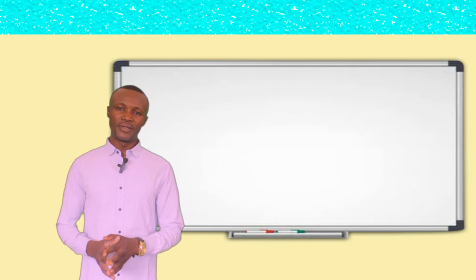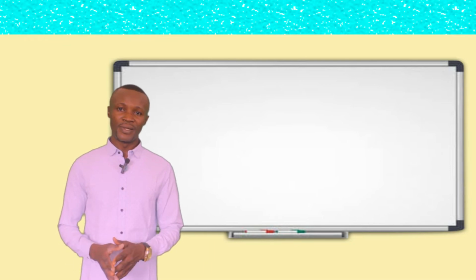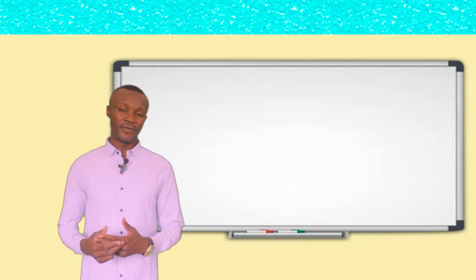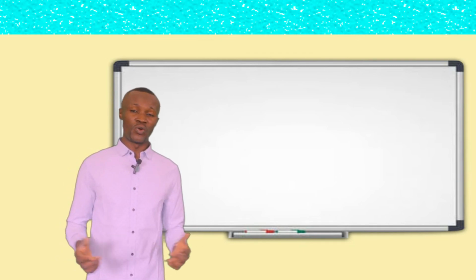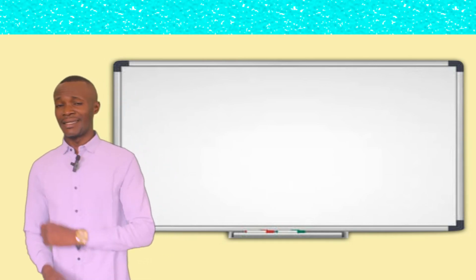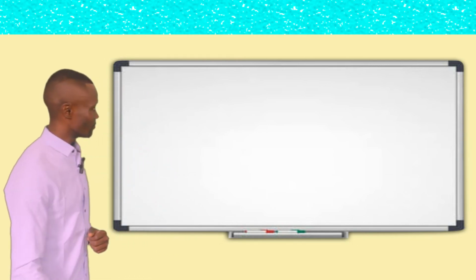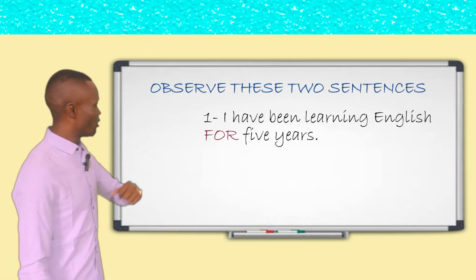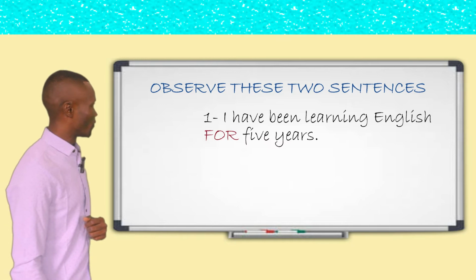Today, I am going to give an answer to one question that most of my students have been discussing in our different groups. I'm going to begin by giving two sentences. I have been learning English for 5 years.